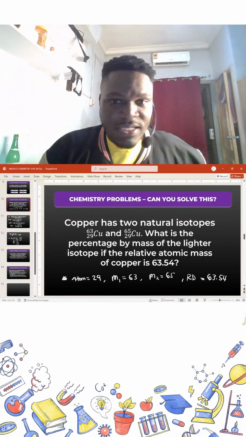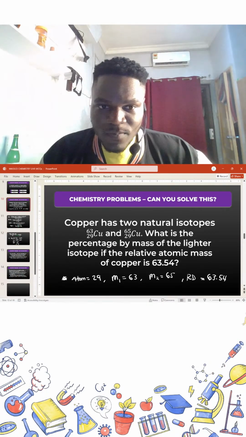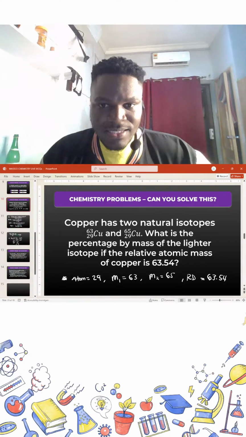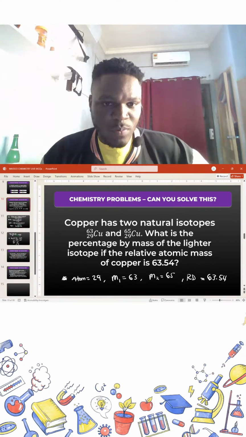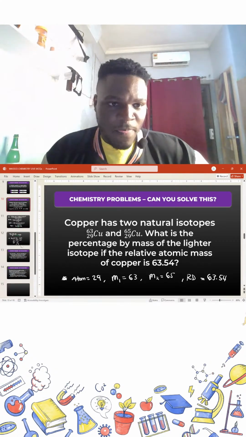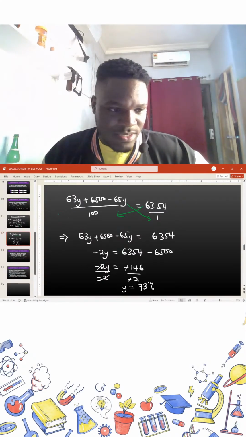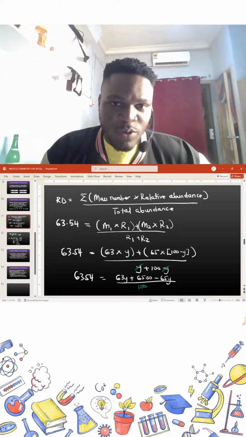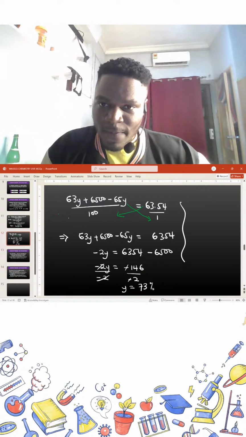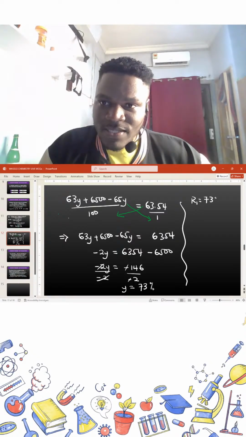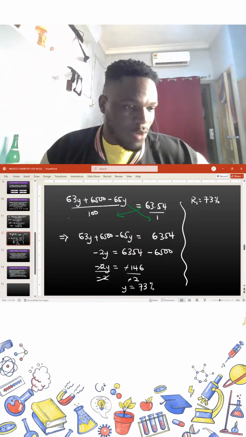Mind you, the question is saying we have to calculate the percentage by mass of the lighter isotope. So the percentage by mass here is 73%. What it means is that R1 is 73%, which is what the question says we should find.